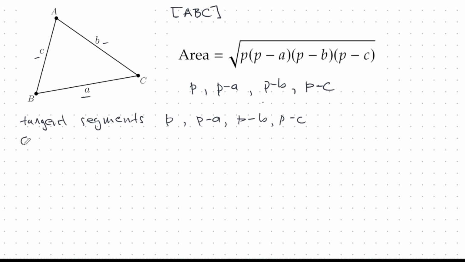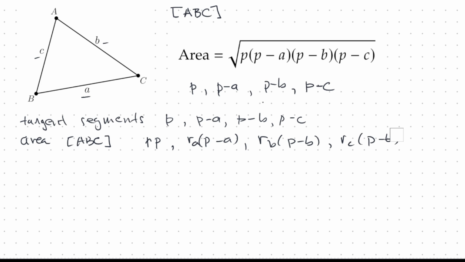But then there's also the area of ABC in terms of semi-perimeter and radii of incircle and excircle, and we had these beautiful expressions rp, r_a(p minus a), r_b(p minus b), and r_c(p minus c). And when you look at this, well, it rings a bell.